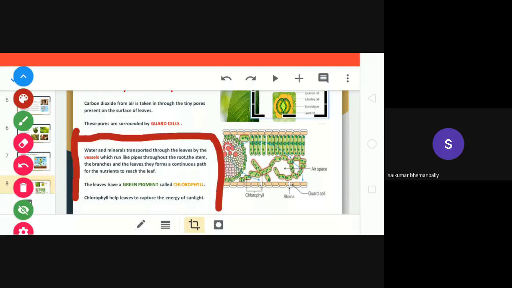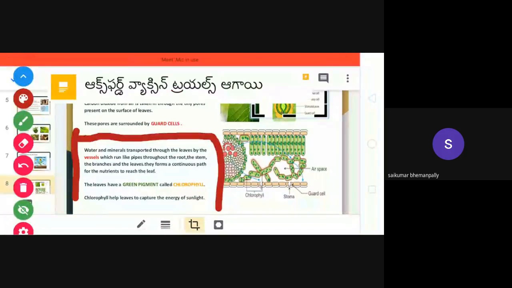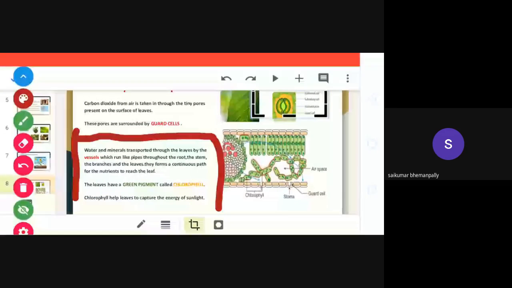One more time I will explain. Water and minerals are present in the soil. So how do water and minerals reach the leaves? There is a way, right?